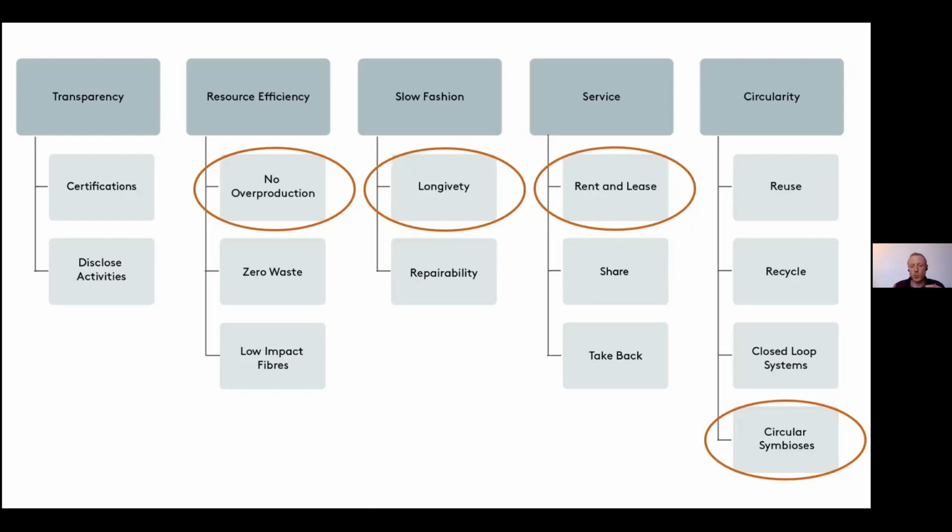What you actually want with the circular symbiosis is to involve as many actors and as many different industries and sectors as you can, to see if you can have waste streams and side streams going in to be the main input of other sectors.